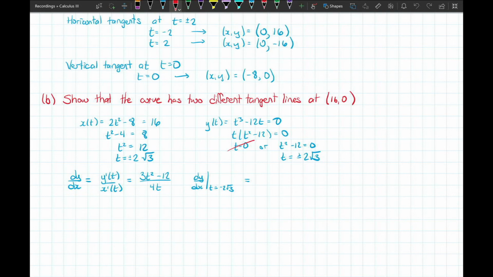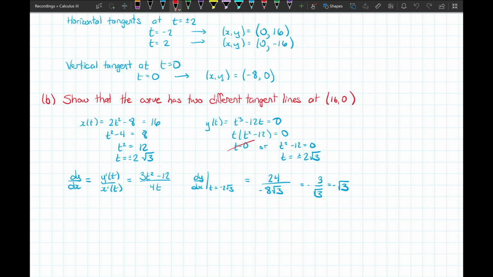So in the top, that's going to give us 3 times 12 minus 12, which is 24, all over negative 8 root 3. We can cancel an 8 in the numerator and denominator, and we can even rationalize that. 3 over root 3, when we rationalize the denominator, is equal to negative root 3. And so that's the slope of the tangent line at that point 16, 0.